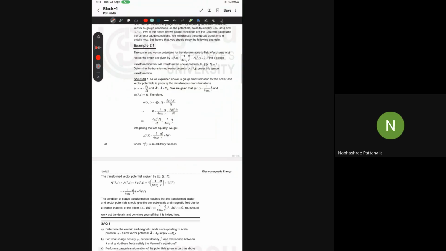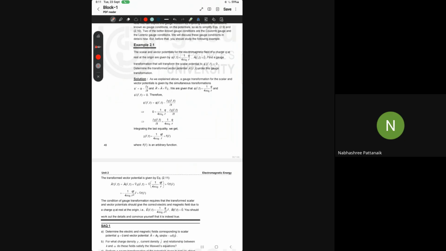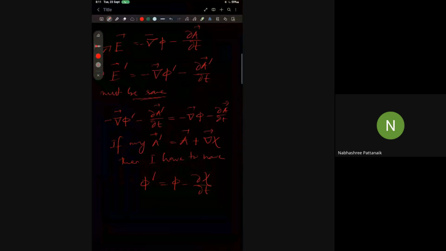Sir, integrating the last equality, then we get, how did that equation come? Okay, let me explain. Starting with the question, it says that a scalar potential and vector potential are given, right? Yes sir.